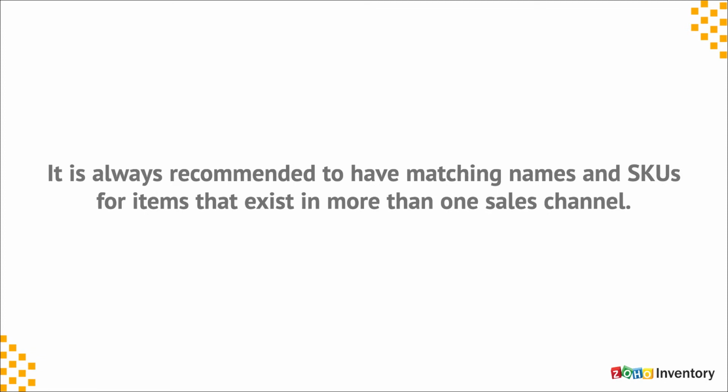So it is advisable to either have the names or the SKUs of items remain consistent across all your sales channels and rely on manual mapping only for those items that for some reason need to have a different name and SKU in a particular channel.